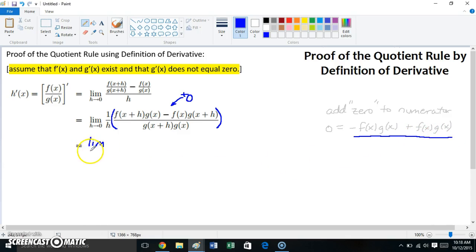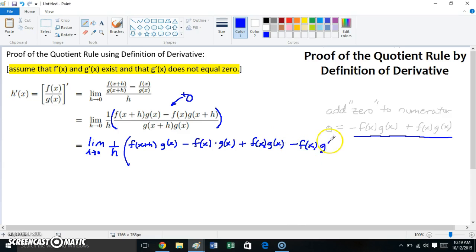So we're going to have the limit as h approaches 0 of 1 over h times f of x plus h times g of x minus f of x times g of x plus f of x times g of x minus f of x times g of x plus h all over g of x plus h times g of x.